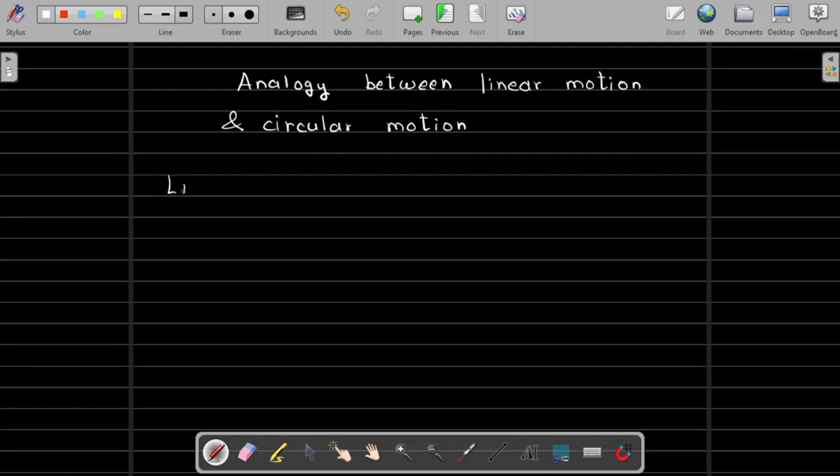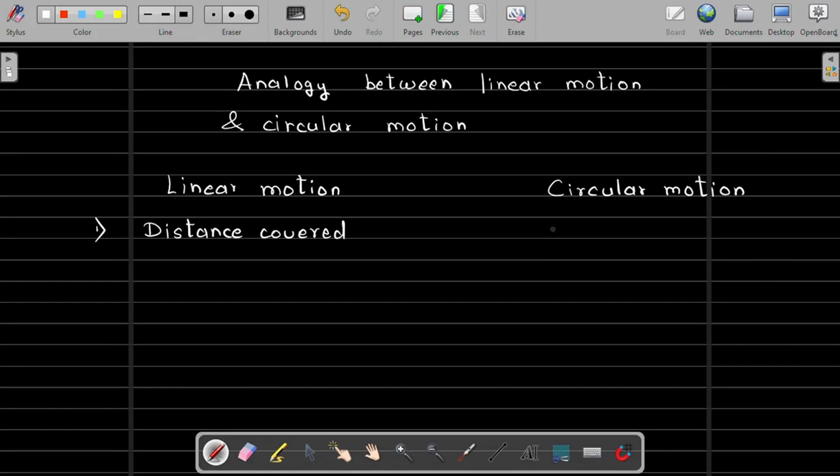So here I write linear motion, and here let's write circular motion. So in linear motion, the first quantity is distance covered by that object.